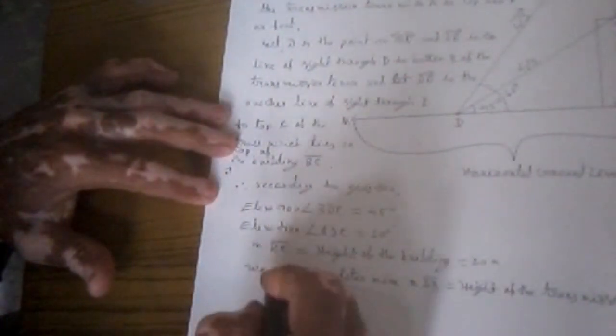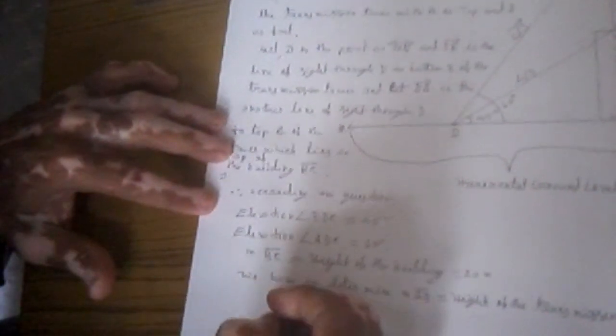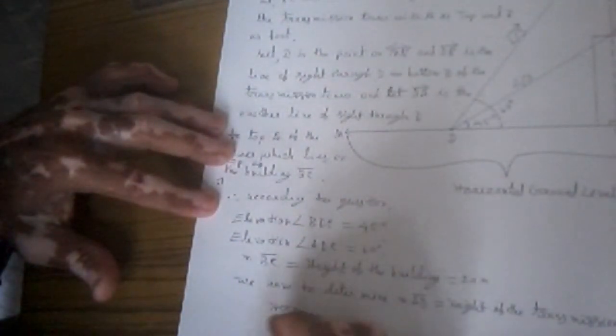After that, write here measure of AB is equal to measure of AC minus measure of BC.